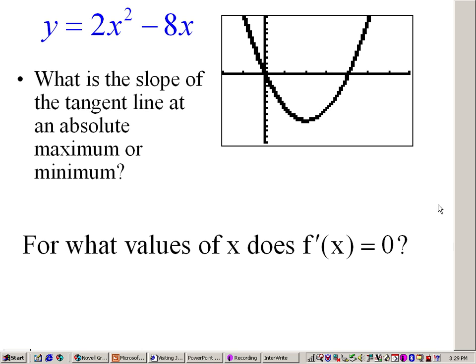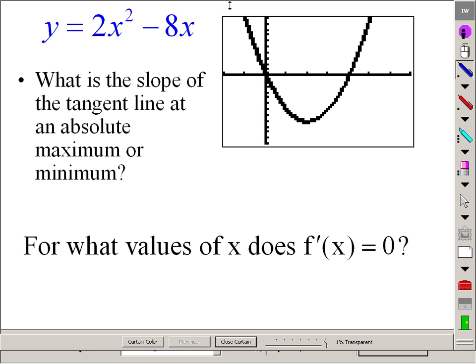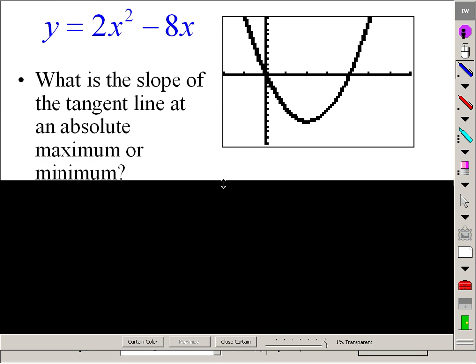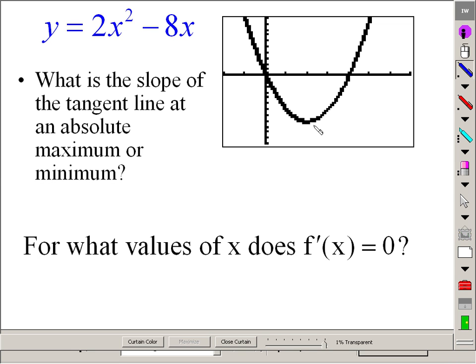Now here's a question. Again, same function. What's the slope at this point? If I'm looking at the slope of the tangent line here, this is an extreme minimum.